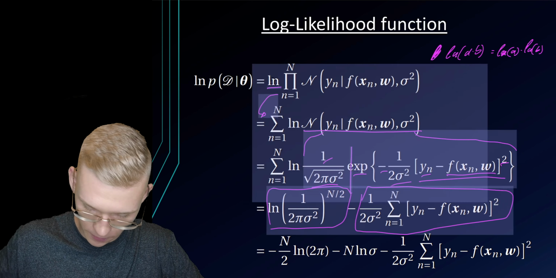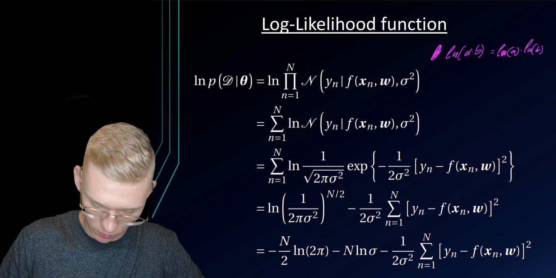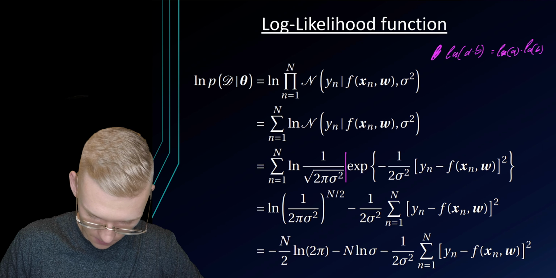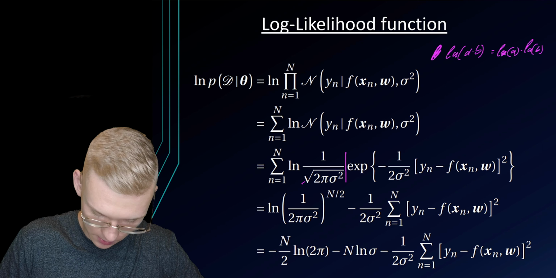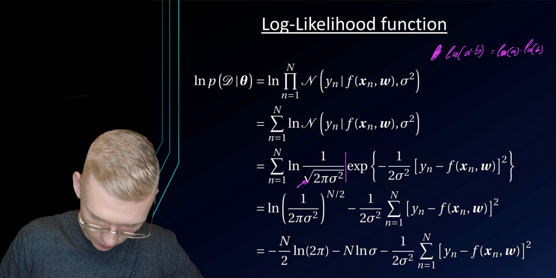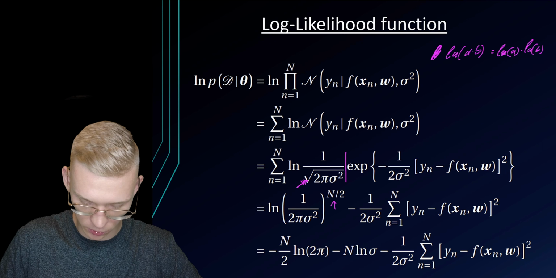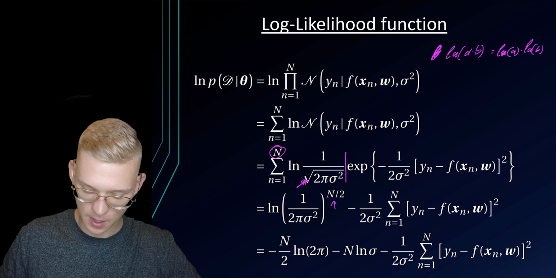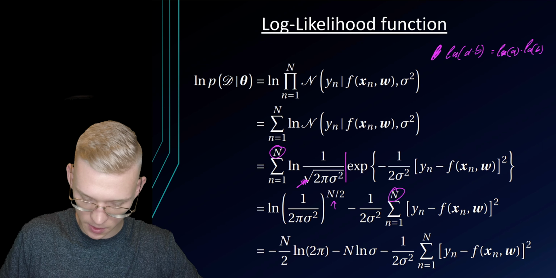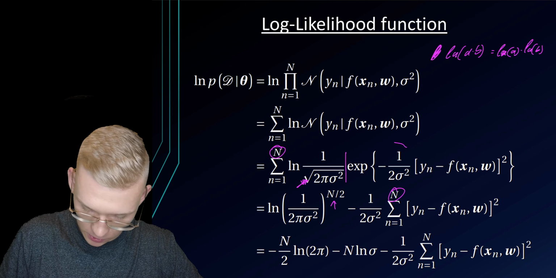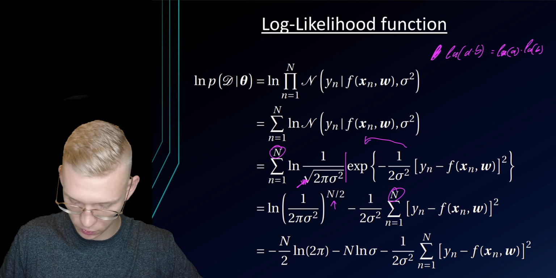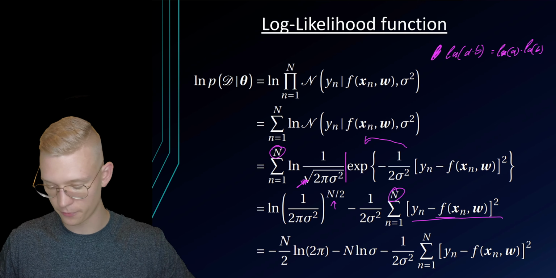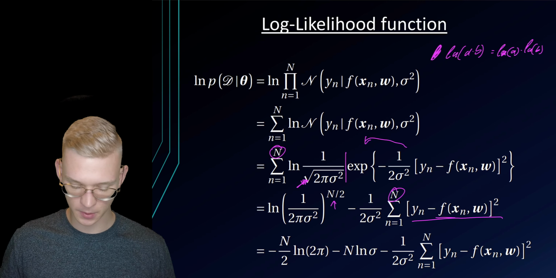So this term is split, and we put the square root into a factor of n over 2, because we have a sum to n. This stays, but we factor out our 1 over 2 sigma and are left with just the sum of yn minus f of xn and w squared.